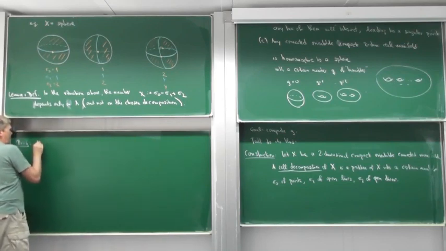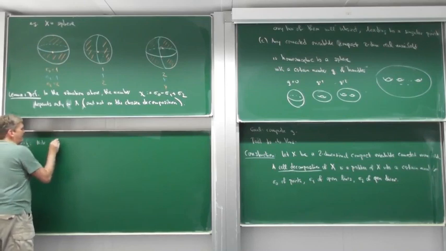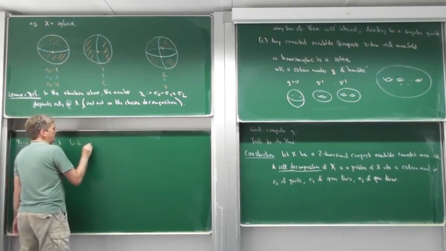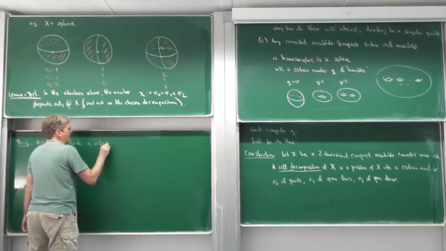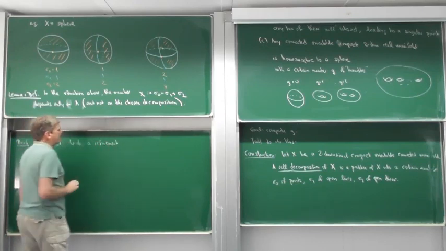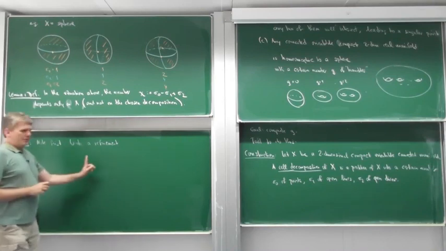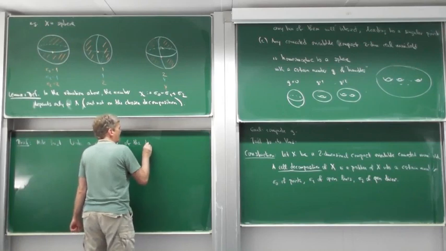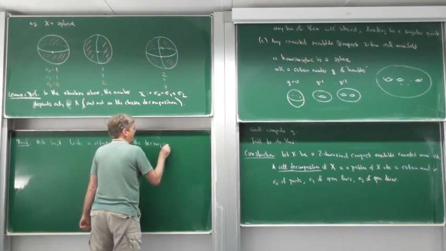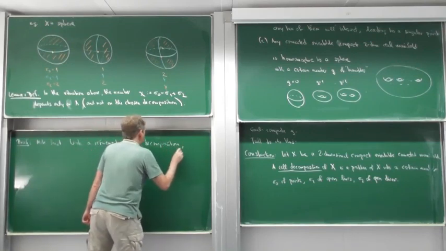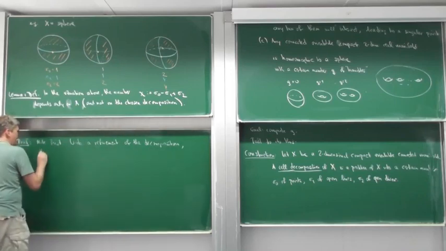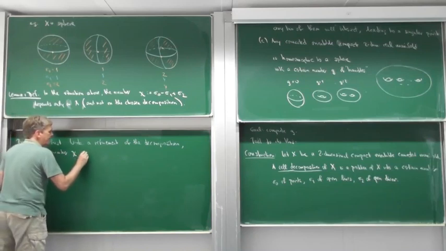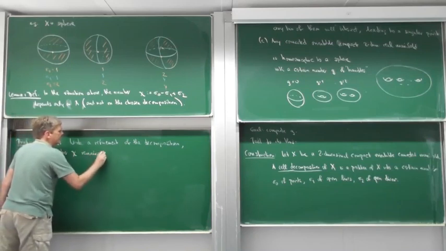So note first: under a refinement of the decomposition, which I don't want to define rigorously, but just show in a picture what I mean, the number chi remains invariant, remains the same.